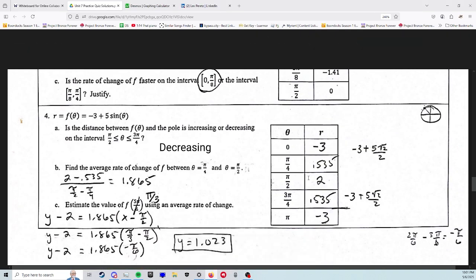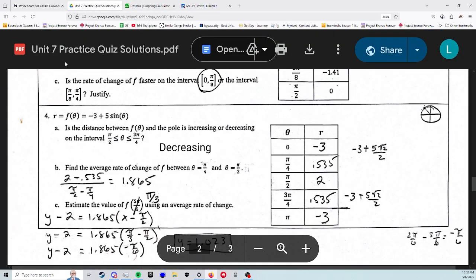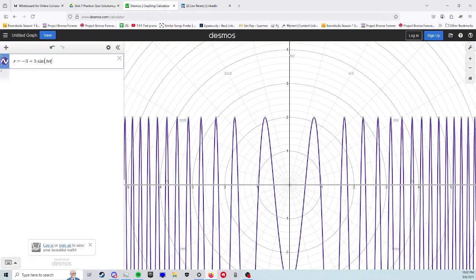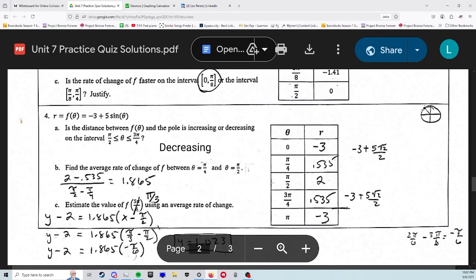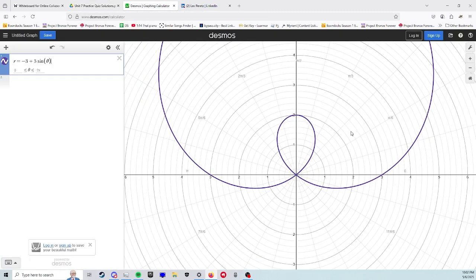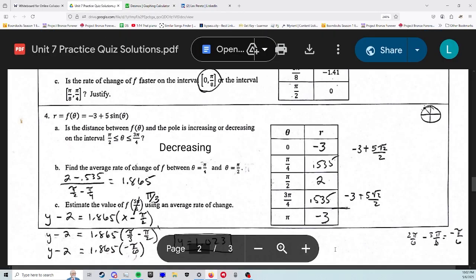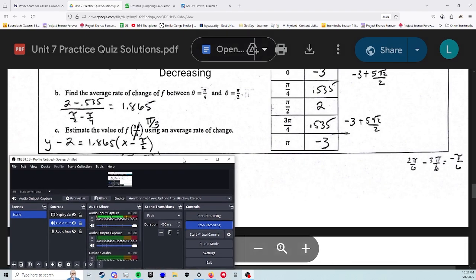Well, minus 2, actually, the average rate of change at pi over 3. So in order to get to minus 2, it would be on pi over 3. And so you get this equation, y minus 2.